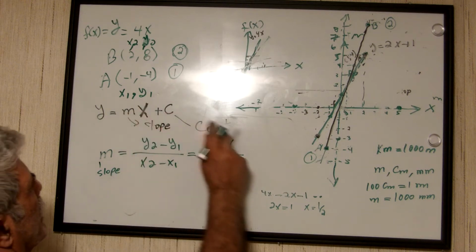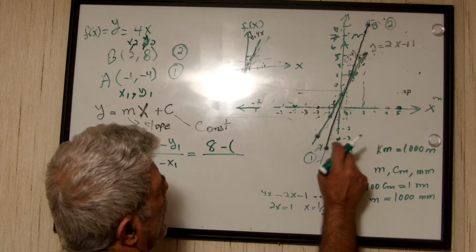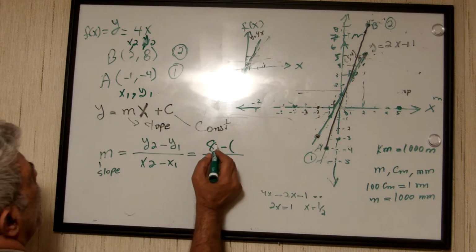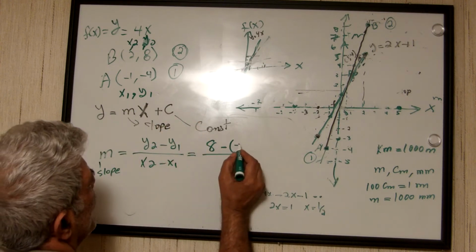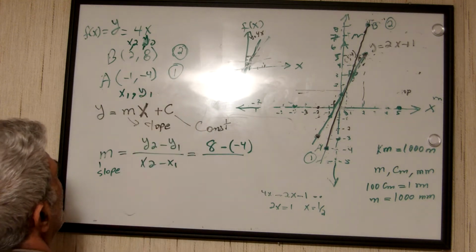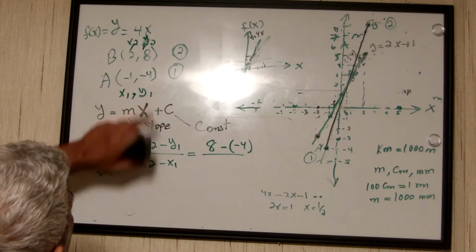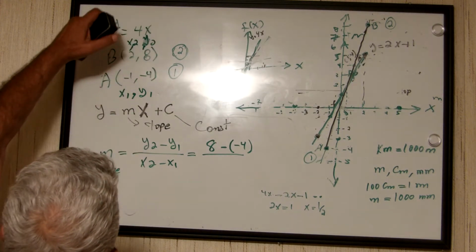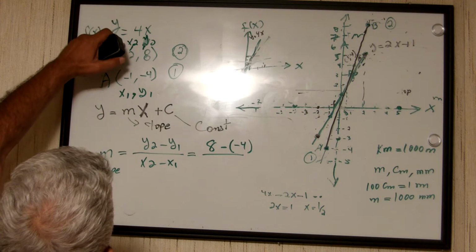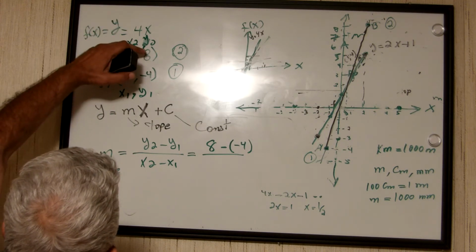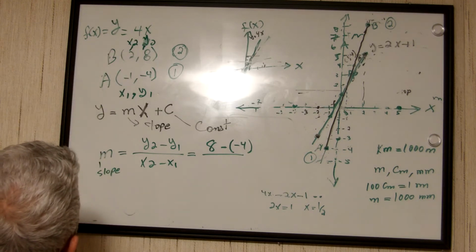The y component of point A is -4. So 8 minus -4. Point number 1 has x and y coordinates, which we call x1 and y1. Point 2 has x and y coordinates, where 2 is going to be x2 and 8 is going to be y2.